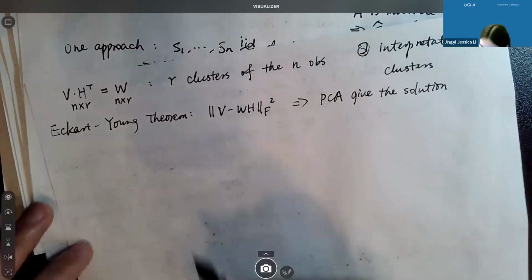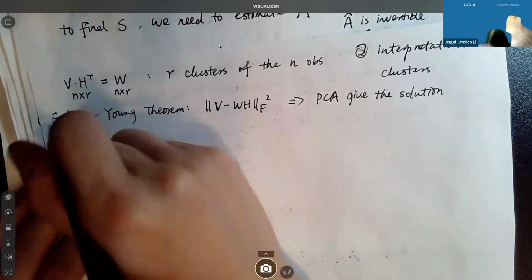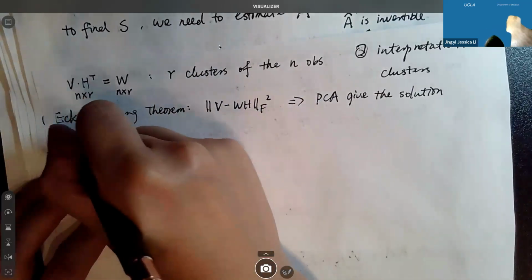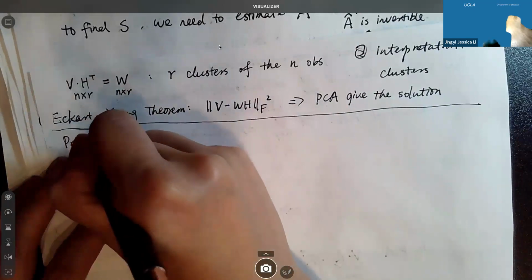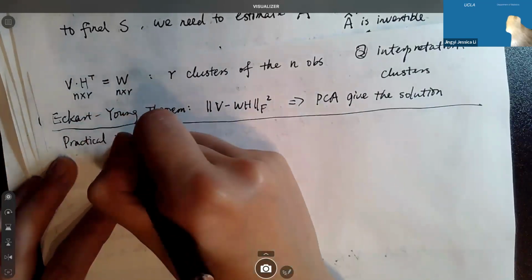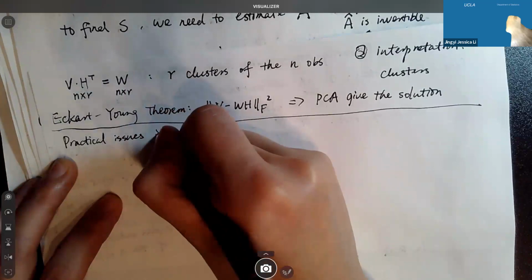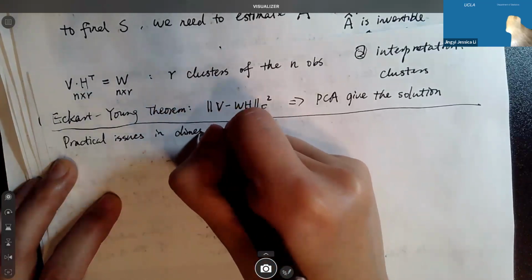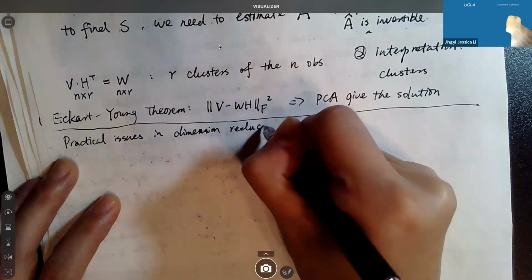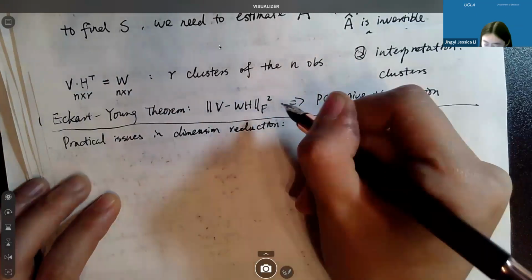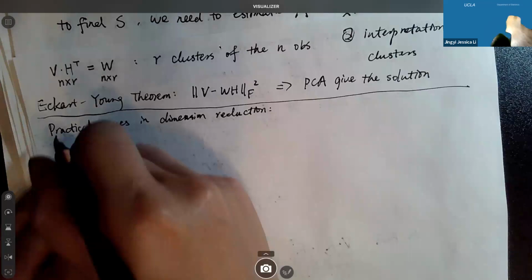Okay, so that's actually what I want to say about the last part. It's about the practical issues in dimension reduction. I already said both, but let me just try to summarize them again.